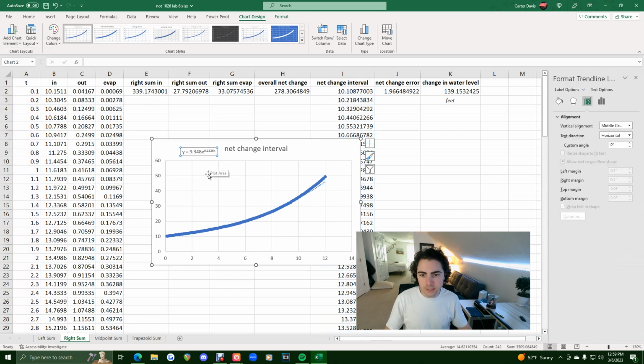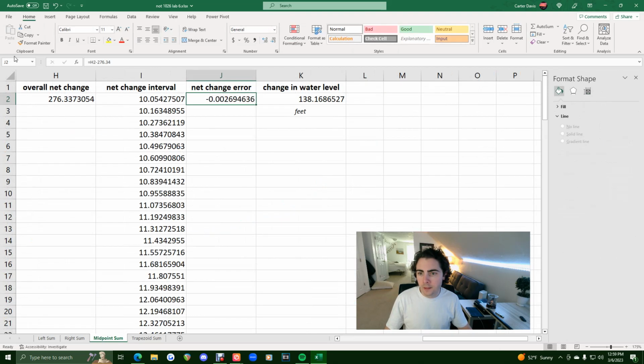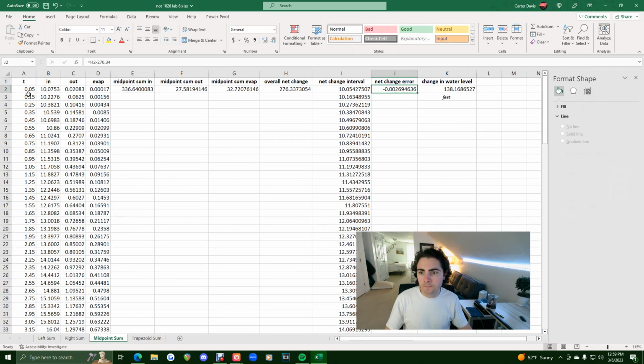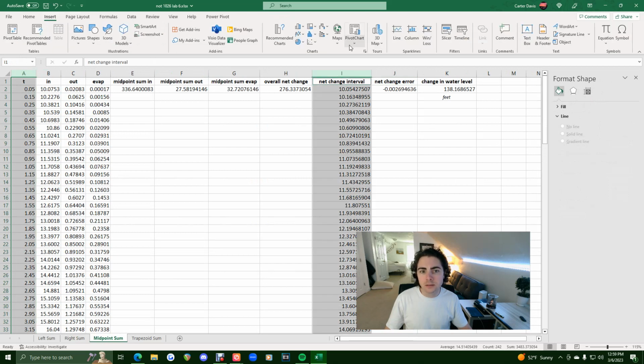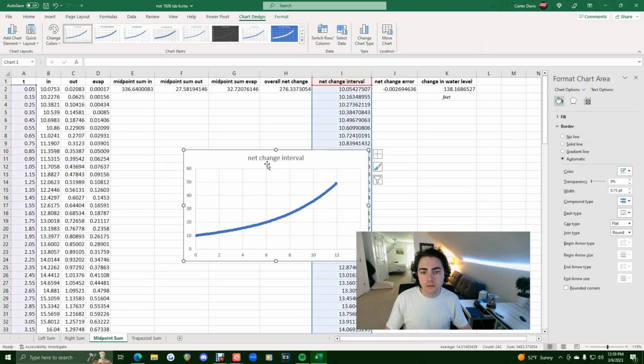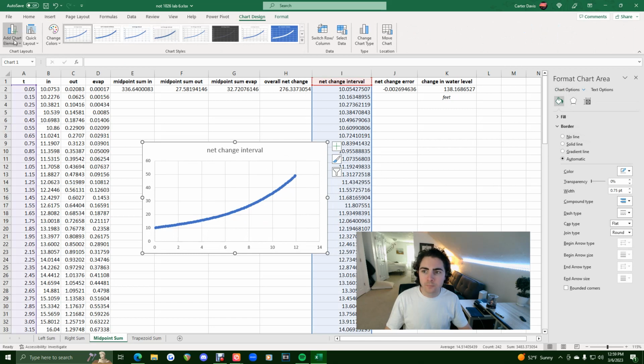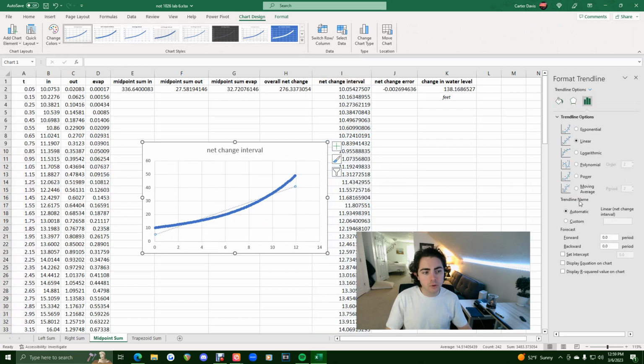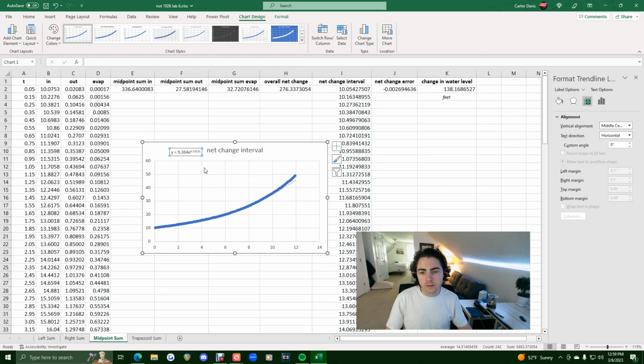It's going to be very similar, but just slightly off. Let's do midpoint: highlight A, highlight I, insert, scatter, add chart element, trend line, more options, go to exponential, go to display equation. We get this other similar function here.